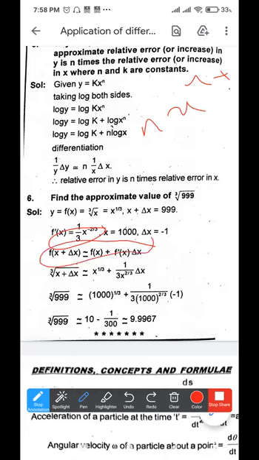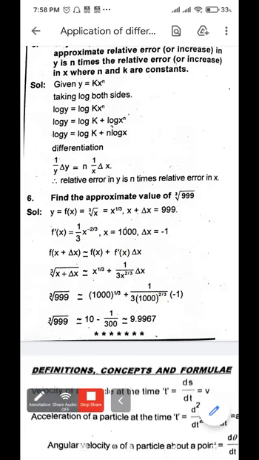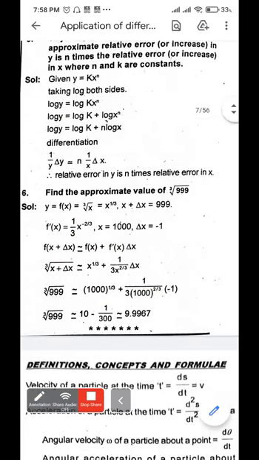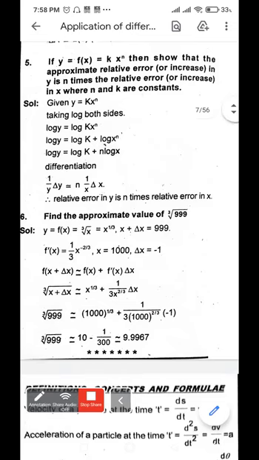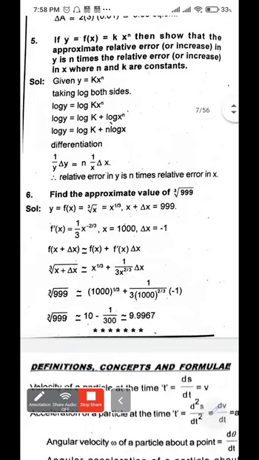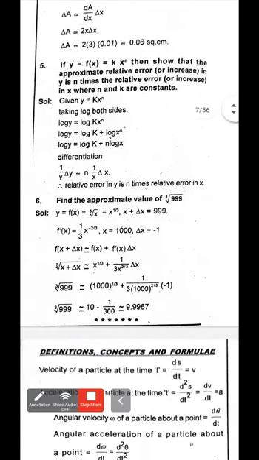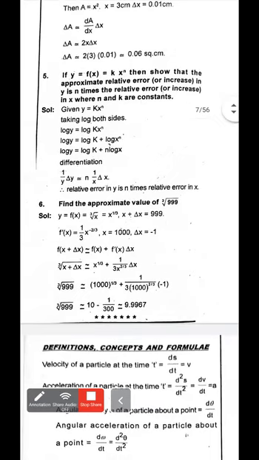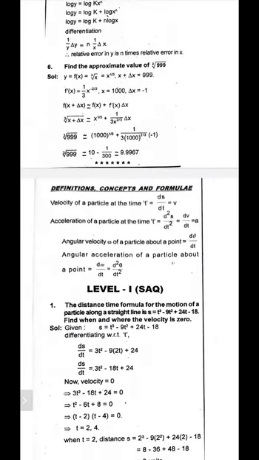F of x is equal to x power 1 by 3. F dash of x is this part and delta x is this part. Now substitute the values and you will get the final answer. Okay, understood? Understood till here? Easy formulas.